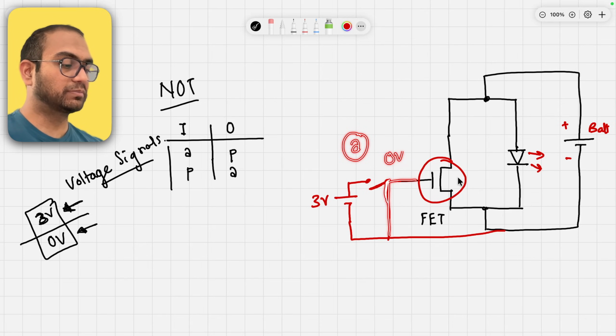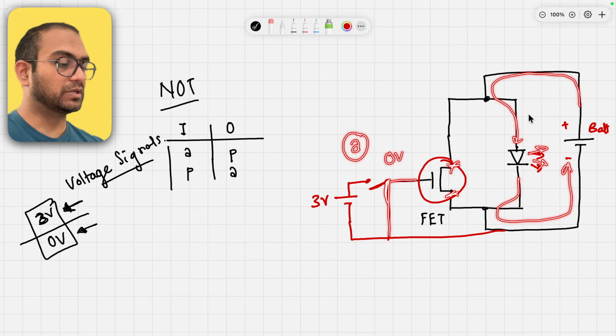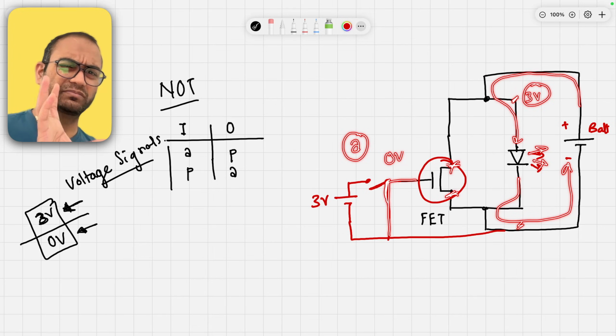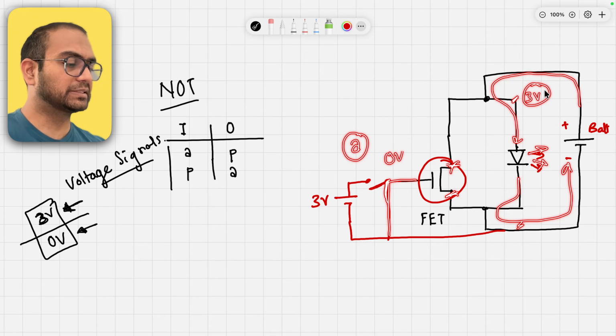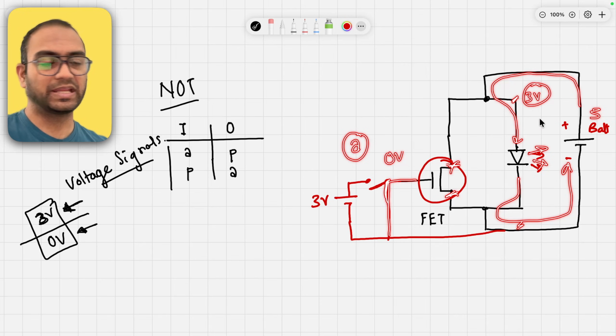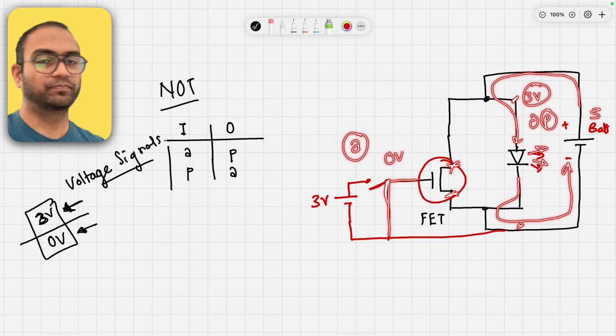If the input is absent, the transistor is open, and so the current will go from here and the LED lights up. When you measure the voltage here, it should be around whatever the battery's voltage is, or a little bit less. Let's say this is 5 volts, so this would be like 3-ish volts. The idea being that the output is present now.